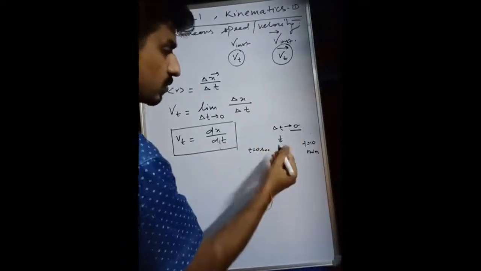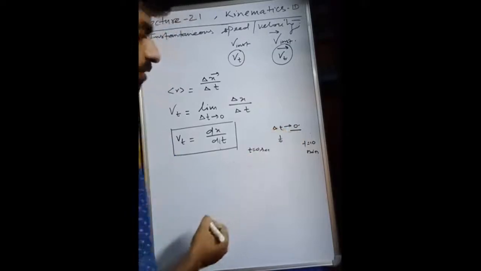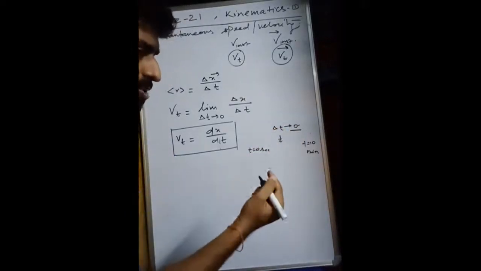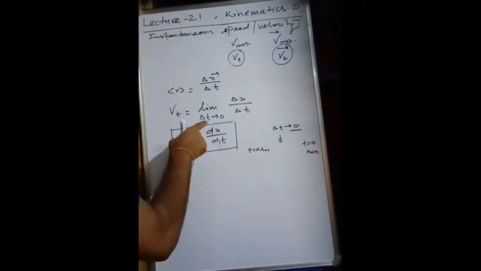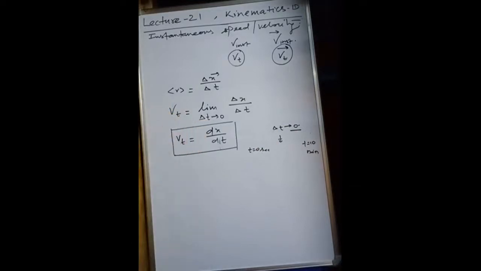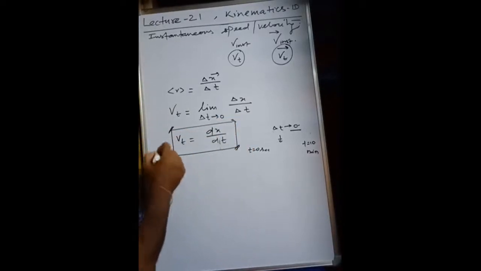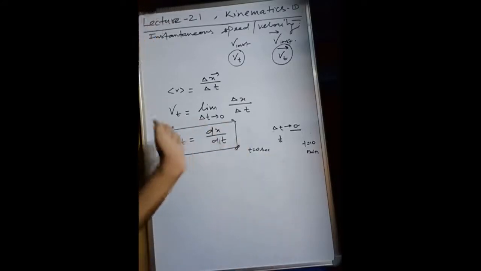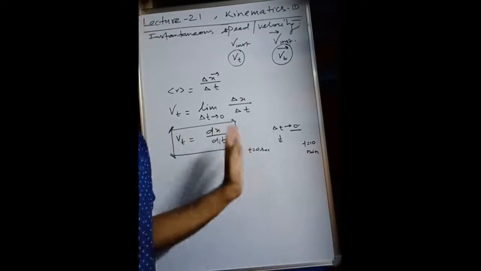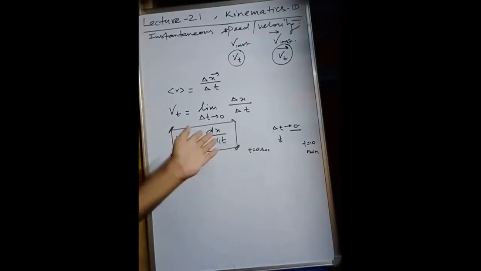So delta t tends to 0. It means you have reached a particular point, and this is the meaning of instantaneous value. Okay, my dear friends, so this will be your working formula for the instantaneous speed and velocity. This is the speed or the velocity measured at any instant. Now let me do some questions.